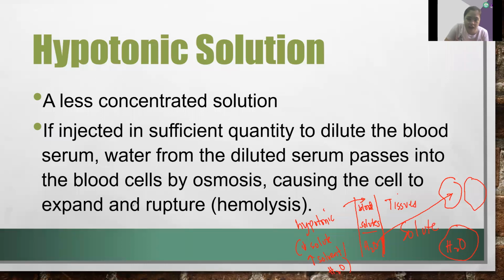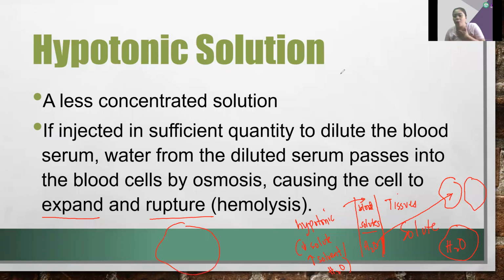So this is what it means that the cell will expand, since its water increases. And after that, if it gets too big, the cell will rupture, or undergo hemolysis.